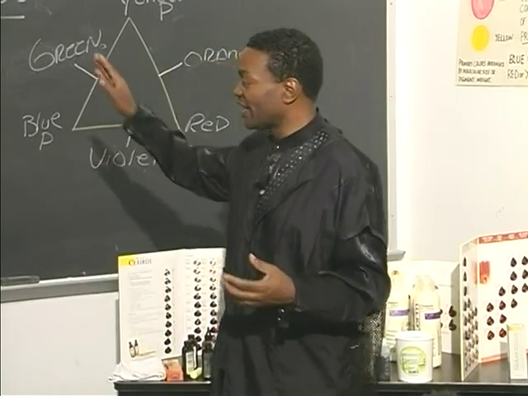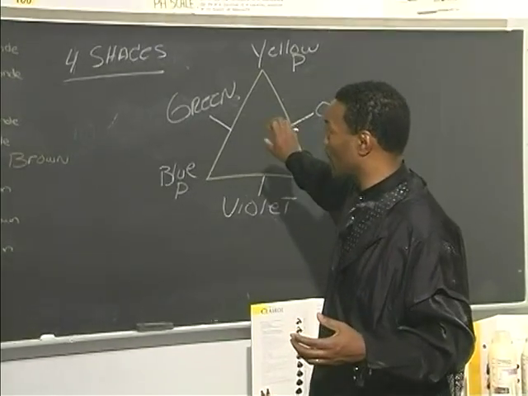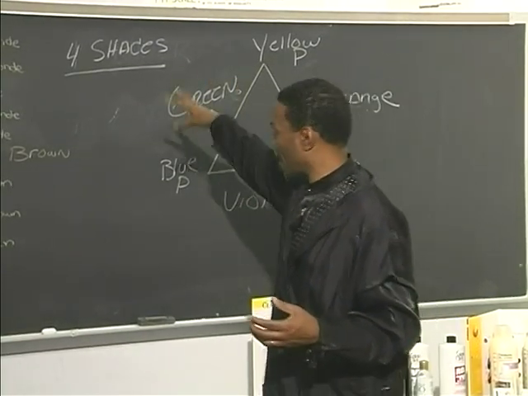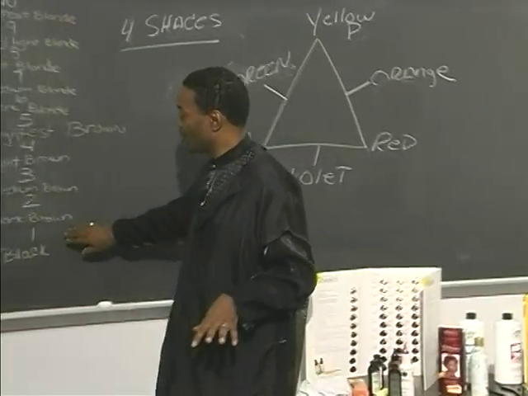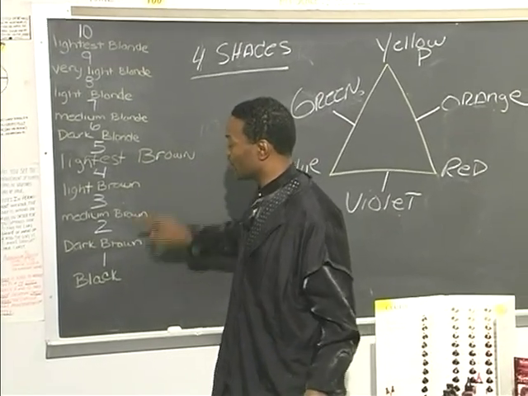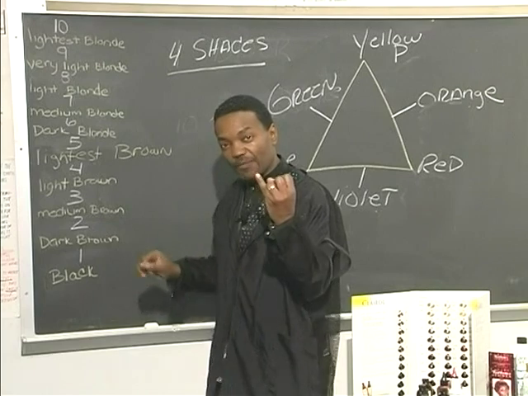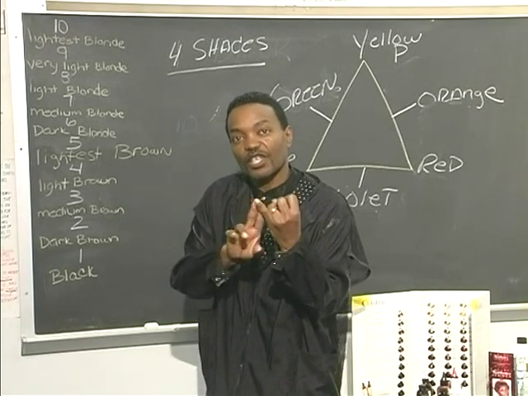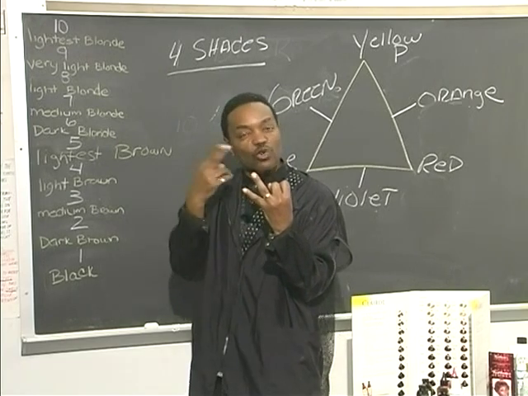Okay, so we went over the level system. We went over the primary colors and the secondary colors and our shades. We went over our colors here. Remember, it's important to be able to identify which level you are, and then the next thing you need to know is what the tone is. First step, know your levels. Then know your tone. Then find out where you're trying to go.